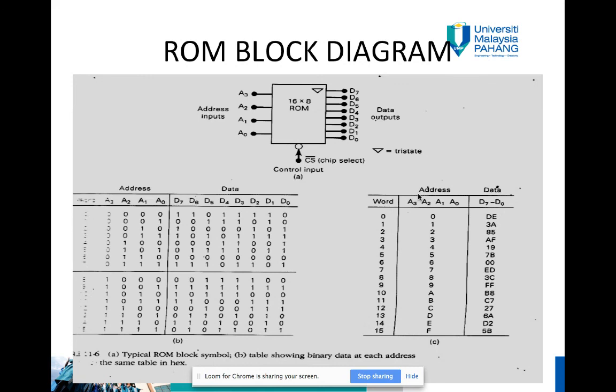For example, you have word 0 at address 0, so the data D7 to D0 is DE. If you look at this ROM block diagram, A is a typical ROM block symbol. B shows binary data for each address, the same data in hex. This is the binary.